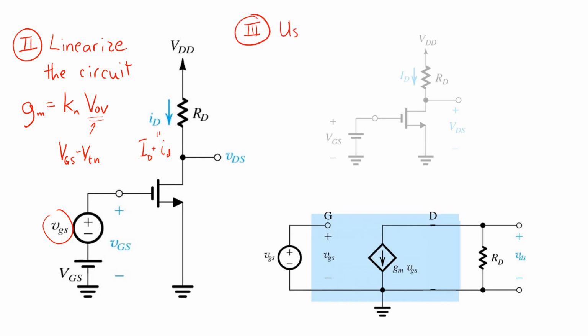Then step 3 is to use the small signal model to perform a small signal analysis. Now to do so, we remember that we've already accounted for the DC operating point.